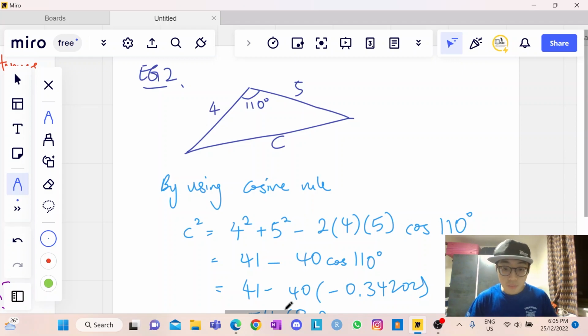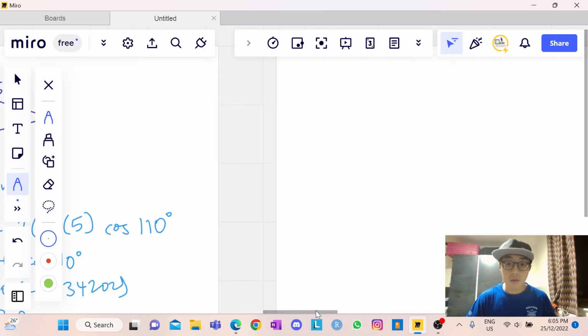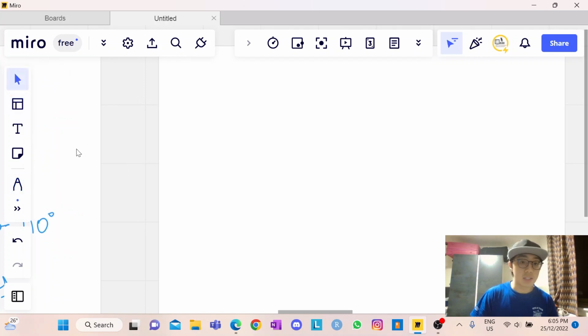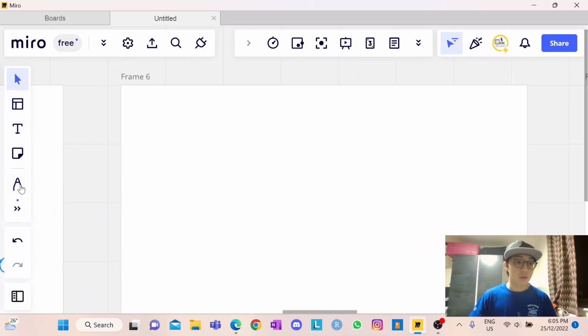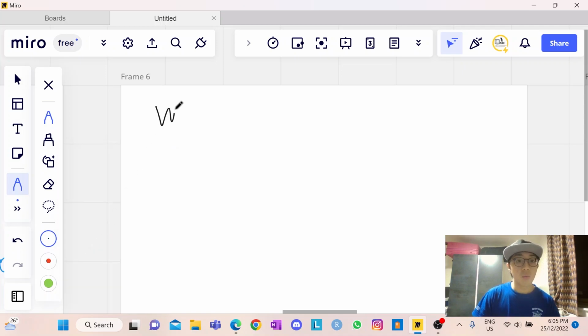Just to have a little bit of a conclusion about the sine and cosine rule, the question is when to use them. So when to use sine and cosine rule.